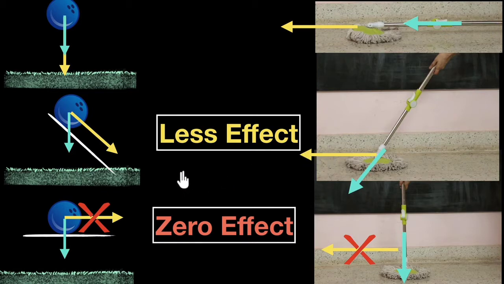But what's important is that as the angle between the force and the motion increases, the effect starts reducing. You see, the effect is maximum when the force and the motion are in line with each other. But as the motion starts making an angle with the force, the effect reduces. And when the angle becomes 90 degrees, as you can see, the effect becomes zero.